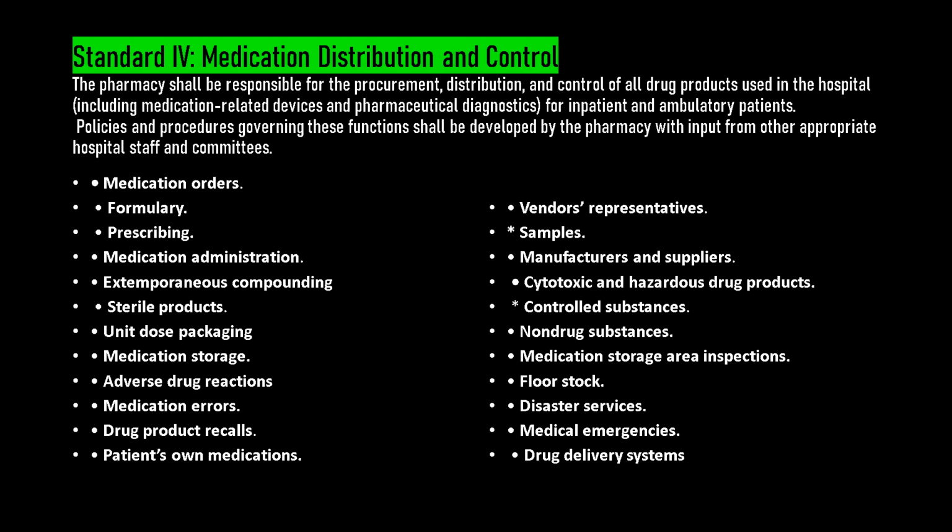Drug product recall: written procedures shall exist for the handling of drug product recalls. There should be an established process of removing from use any drugs or devices subjected to a recall.